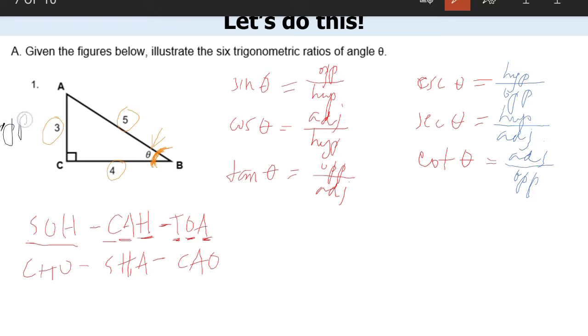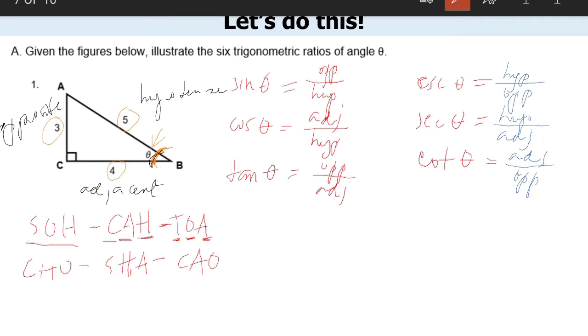So this is opposite. And the adjacent to angle B is 4. And 5 is the hypotenuse.